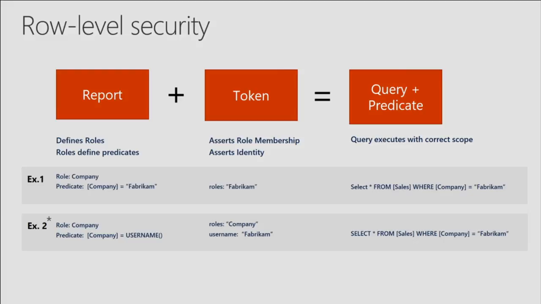Then at runtime, we take those two pieces of information, marry them together, and generate the appropriate query. So if you look at the examples, we take a basic query that would select everything from sales, and turn it into select everything from sales where whatever the appropriate predicate is.